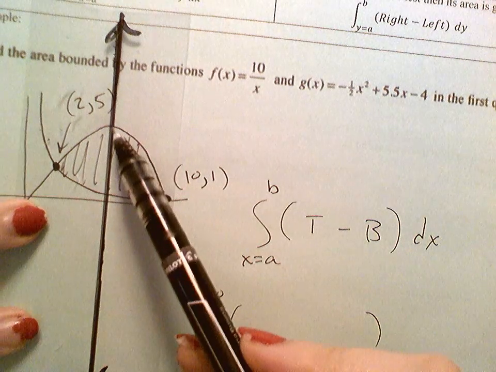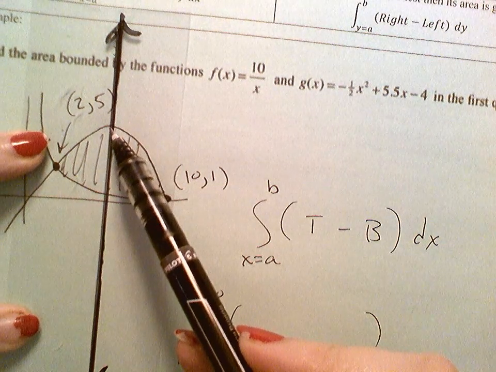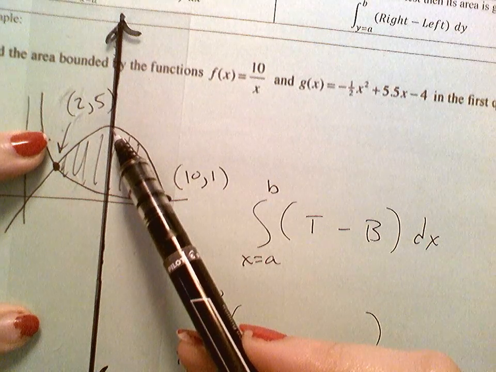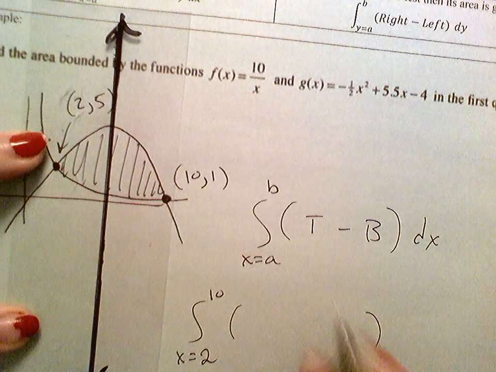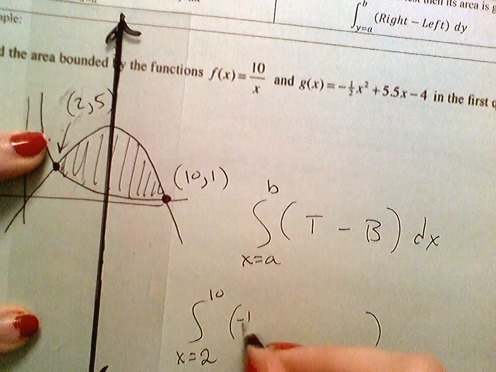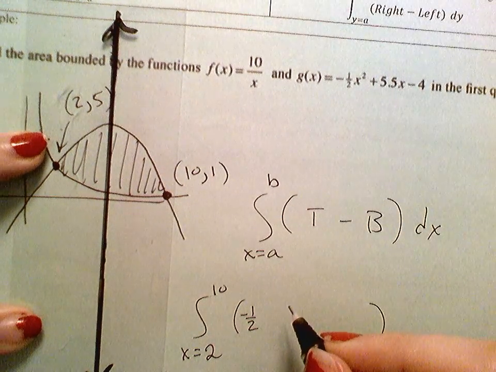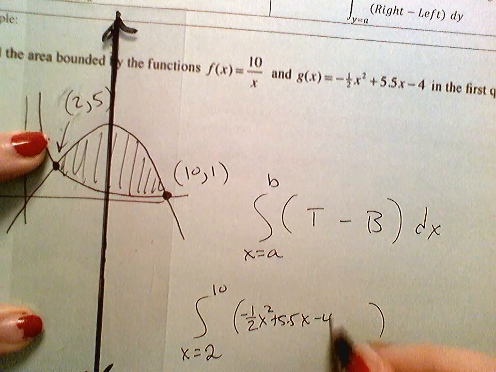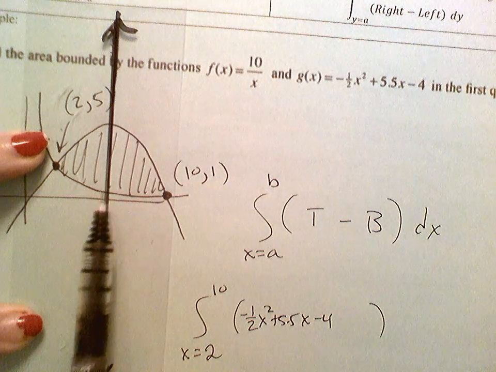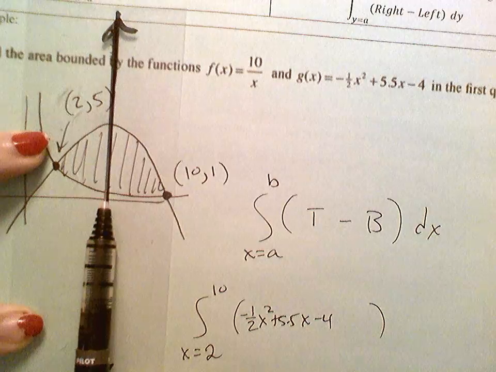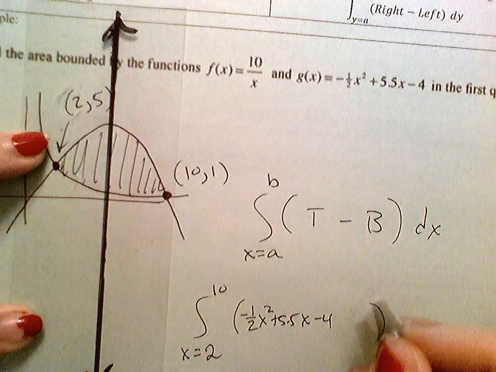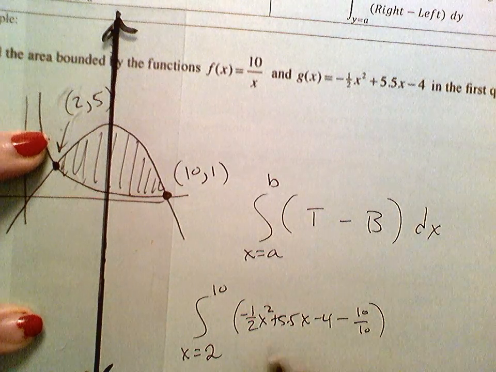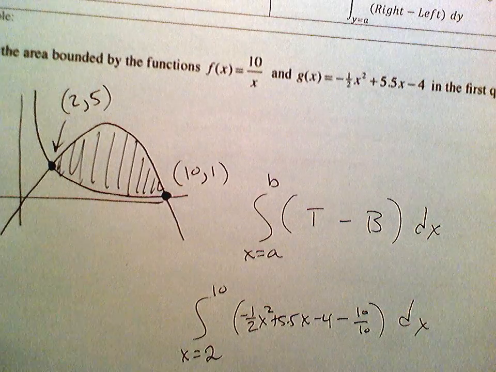The vertical line intersects this function at the top, so that's g of x, which is negative 1/2 x squared plus 5.5x minus 4. And then the bottom function would be this one that I'm intersecting down here, minus 10 over x. So top minus bottom dx.